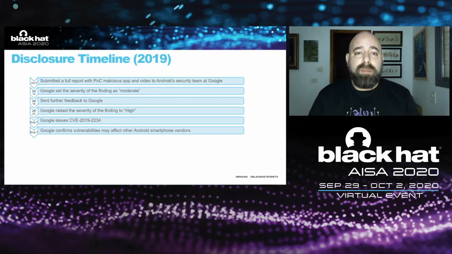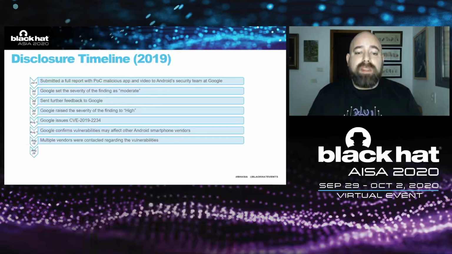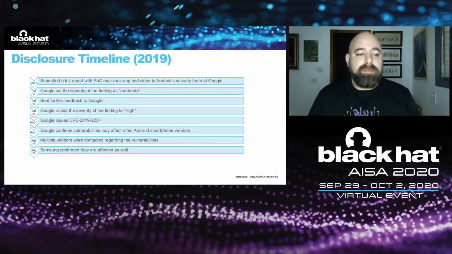We talked to Google about that, and they actually confirmed that other Android smartphone vendors from the Android ecosystem may also be vulnerable to that. So we tried to talk to several vendors, but then Google did it for us and contacted them regarding these vulnerabilities, including the explanations and the mitigations.